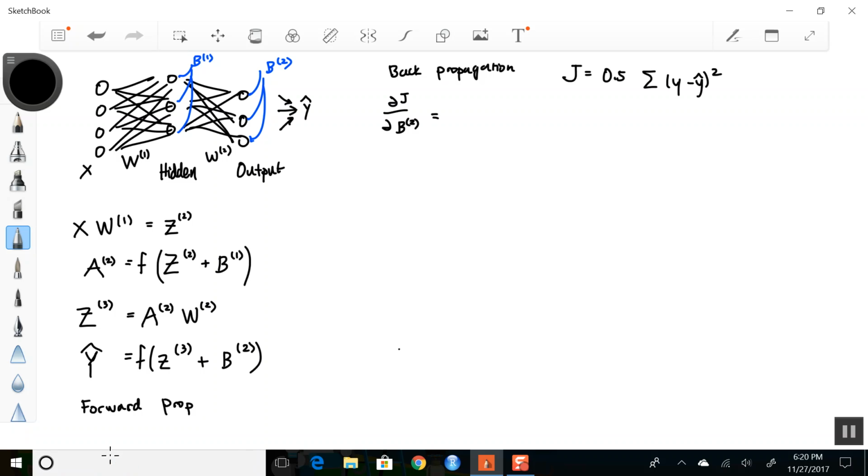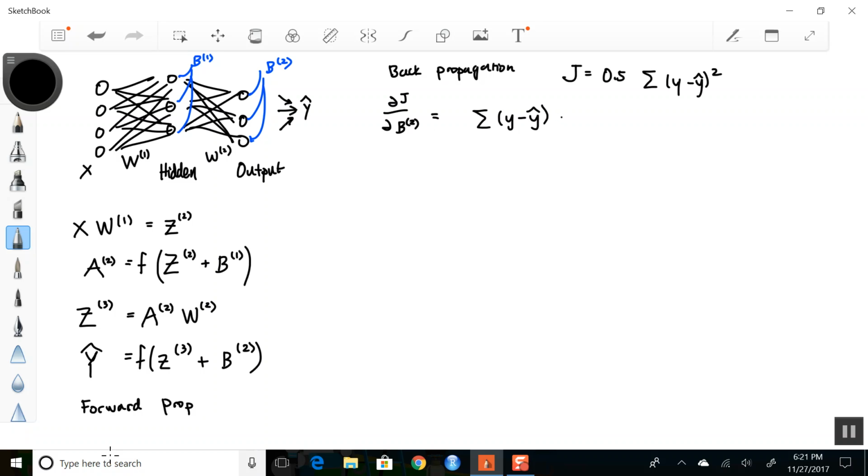So if we take the partial derivative of the cost function with respect to the second bias matrix, 2 times the 0.5 becomes 1, and so we can just have the sum of y minus y hat, and y does not change with respect to the bias matrix, but y hat does, okay?